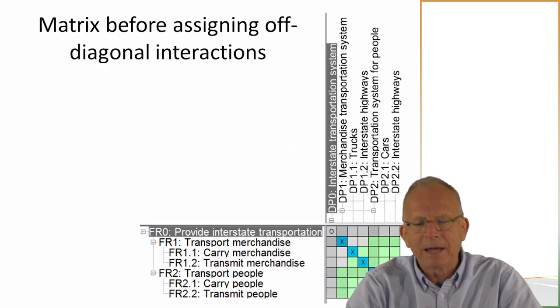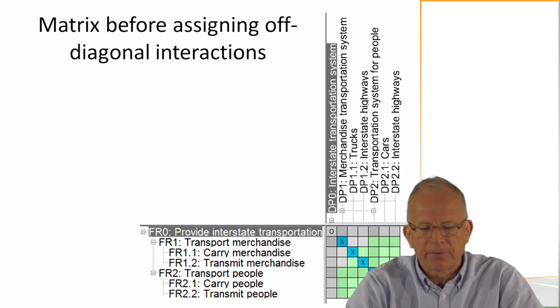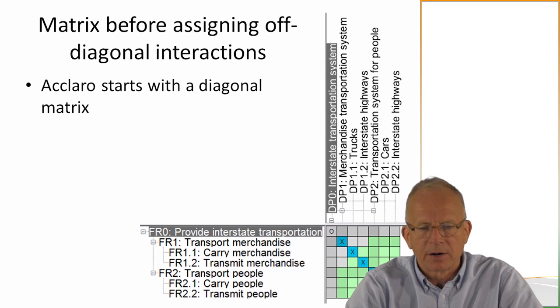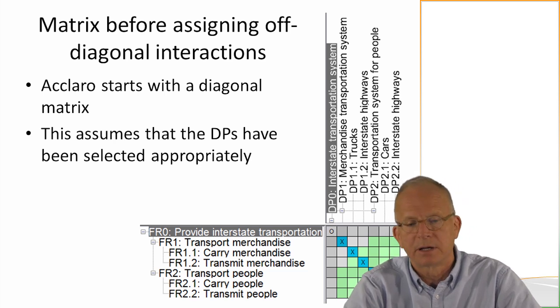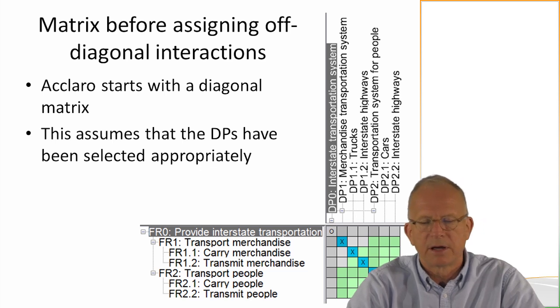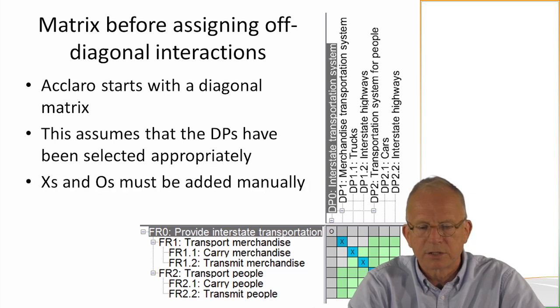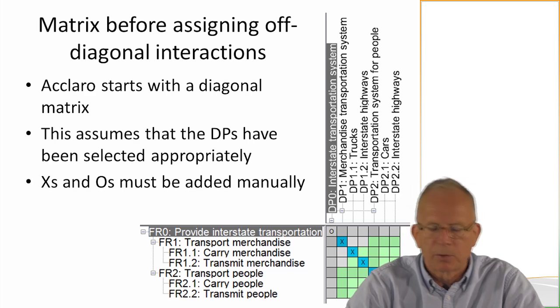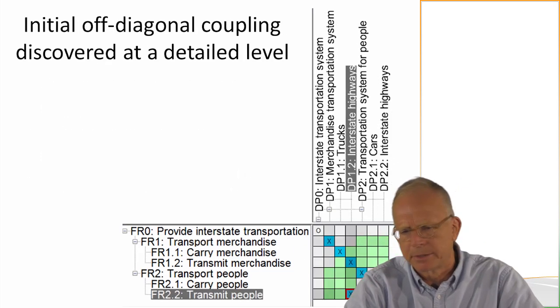If we expand this now and take a look, the software, Acclaro, always starts with a diagonal matrix. This assumes that we've selected the DPs appropriately so that they do in fact influence the FR. Now it's up to the user to fill in X's and O's in these green squares. They've chosen to leave some gray and some green, and there are some interesting choices there.